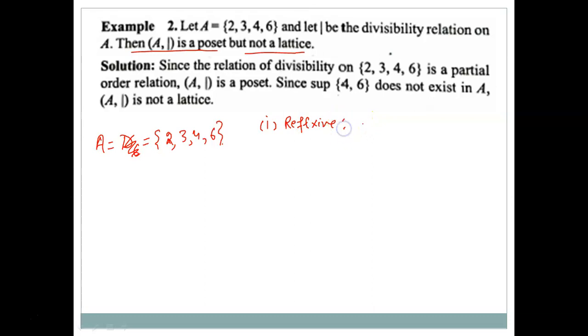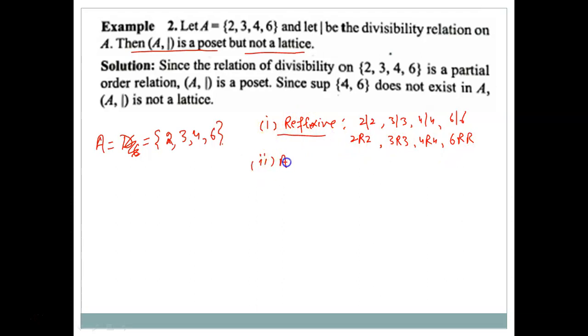You can see that every element is divisible by itself: 2 divides 2, 3 divides 3, 4 divides 4, and 6 divides 6. So you can say 2 is related to 2, 3 to 3, 4 to 4, and 6 to 6. So the property of reflexivity is satisfied.